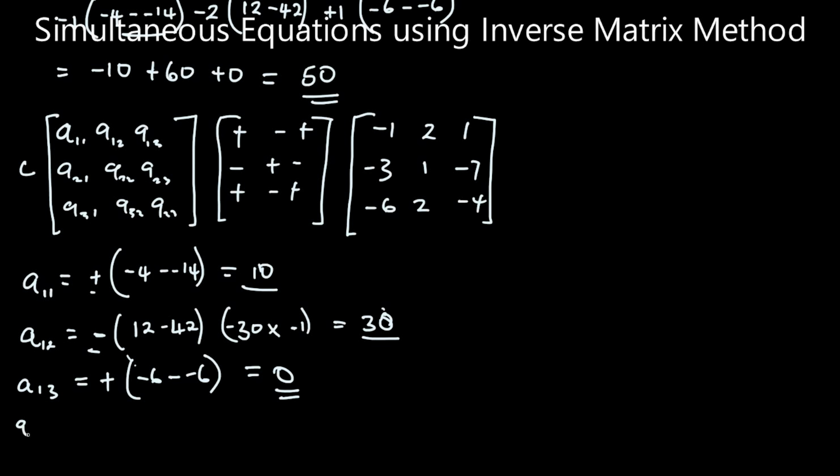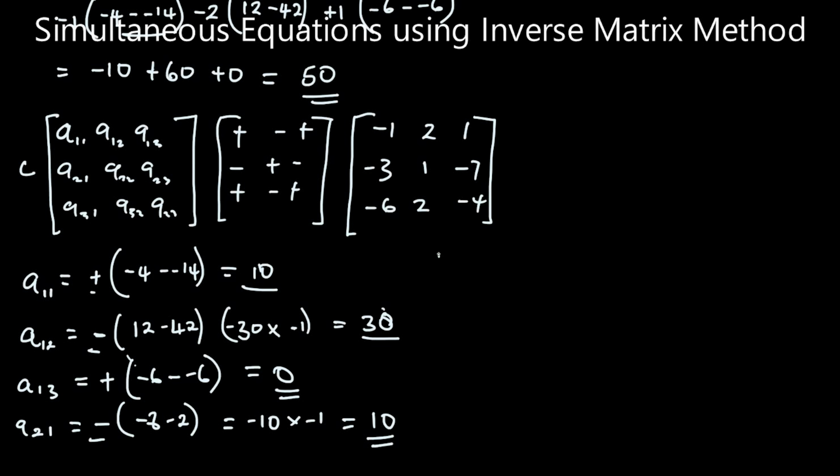We move to A21. The sign is negative. You close the row and the column. Just take time, pause, close and confirm. Then for A21, it should give you minus 8 minus 2. And minus 8 minus 2 is minus 10. The sign here is negative, so we multiply this by minus 1 so that we have the answer as positive 10.